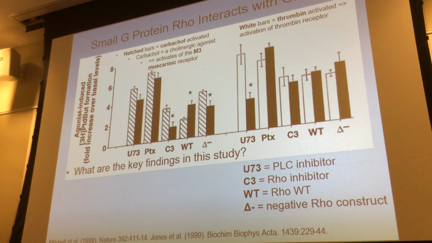So what was the question being asked? That's this here and this here. Right, the question is, is this phospholipase D activity based on something that goes through phospholipase C? So for our muscarinic receptor, is this different from this?